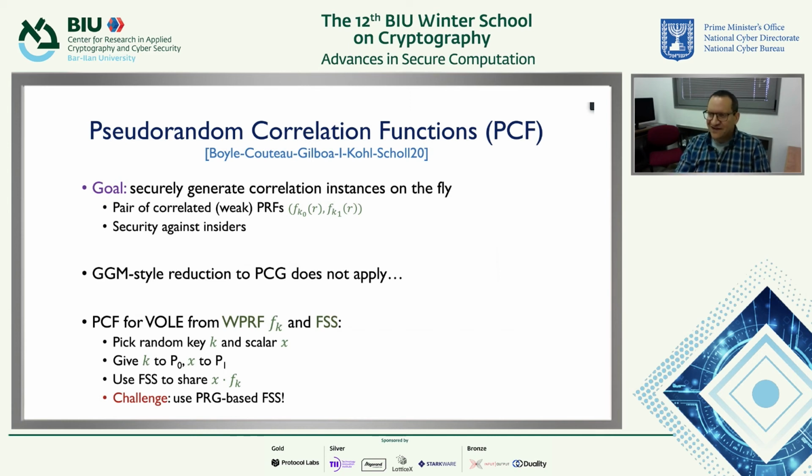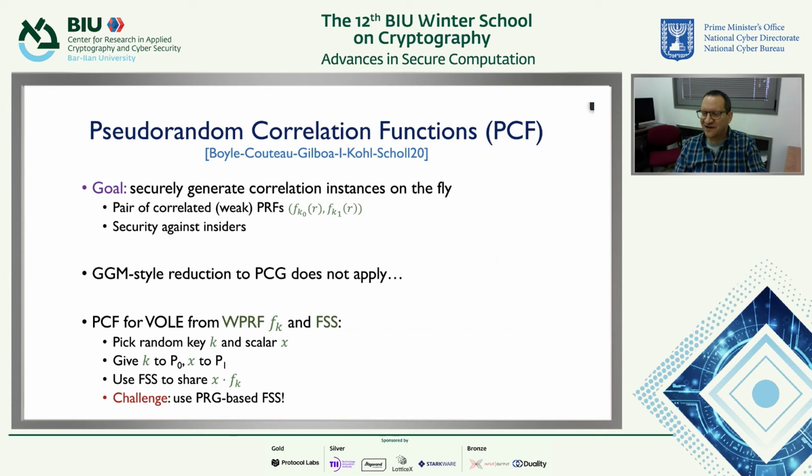And using a slight extension, we can also get triples and OLE. For simplicity, let's assume also that the function class of the FSS scheme is closed under scalar multiplication.